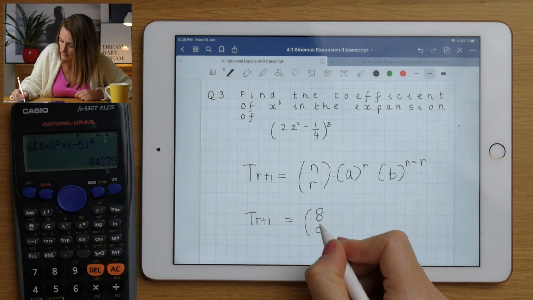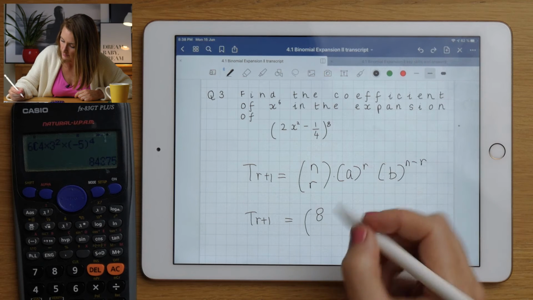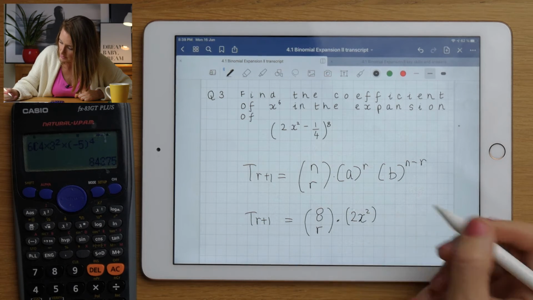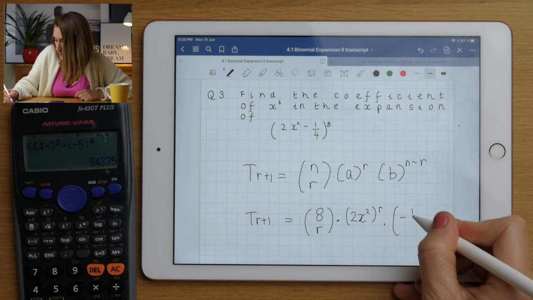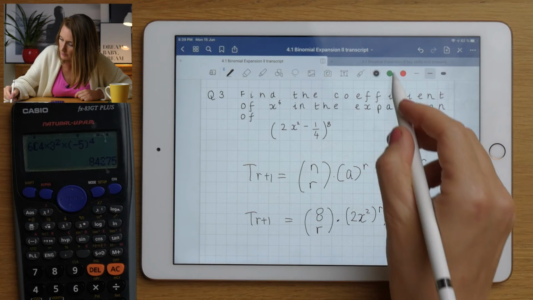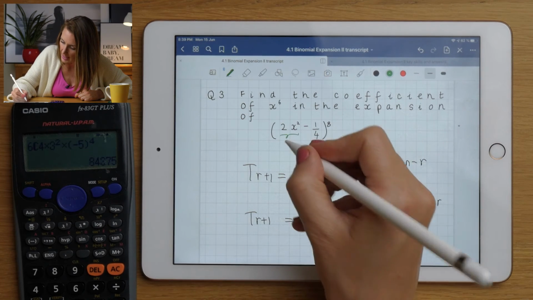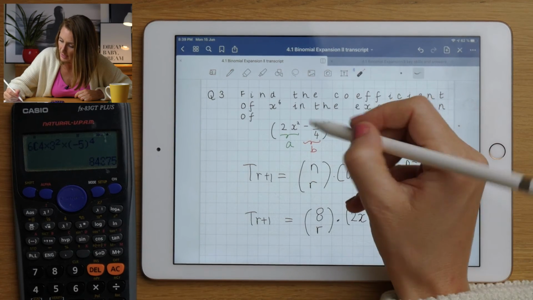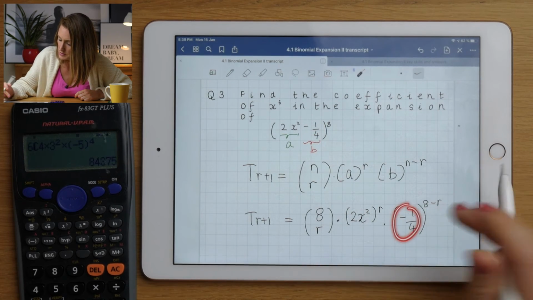And in this case n is 8. So 8 choose r times by 2x squared power r times by minus a quarter power 8 minus r. So I've had this as my a and this as my b. Don't forget, you need to take the minus as well.